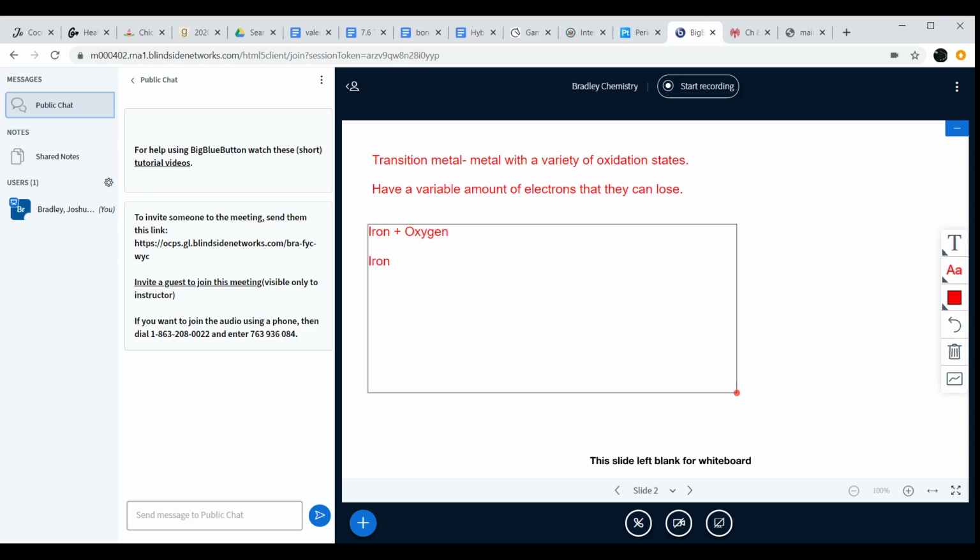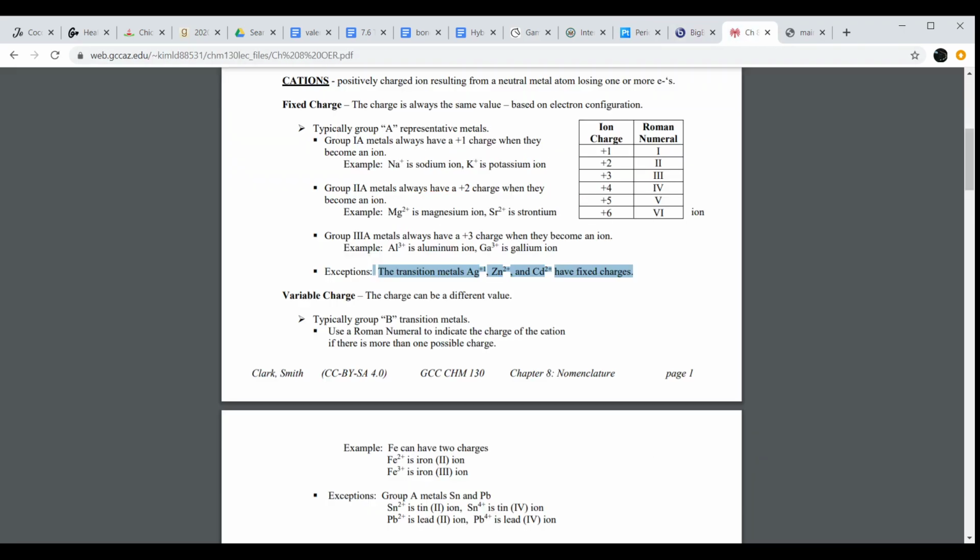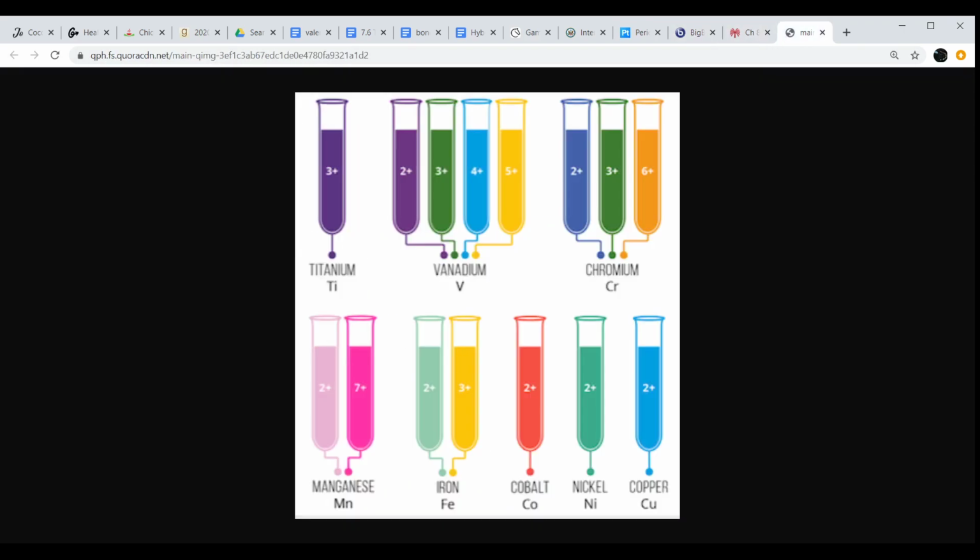And the formula for this is going to be iron(III) oxide, okay? And now this 3 that's here is going to indicate the charge. So this iron 3 is really this iron 3+, okay?